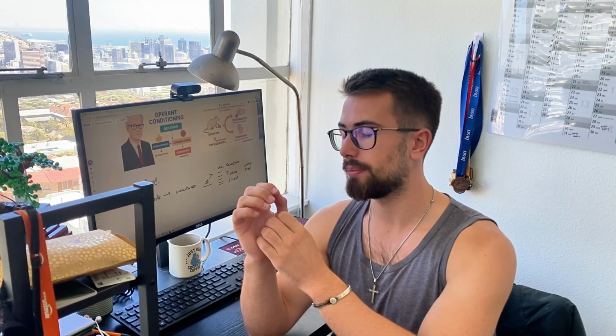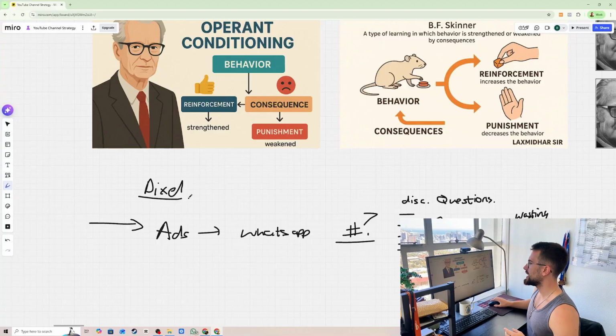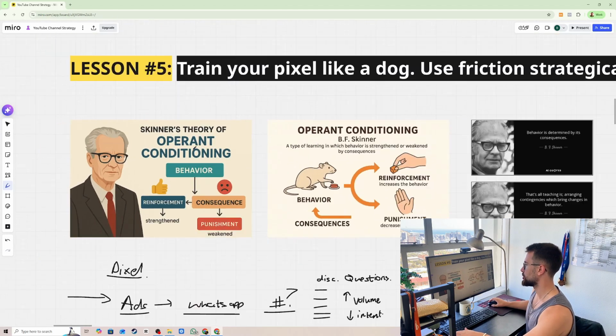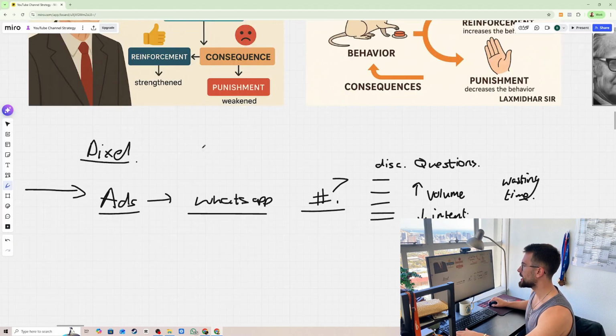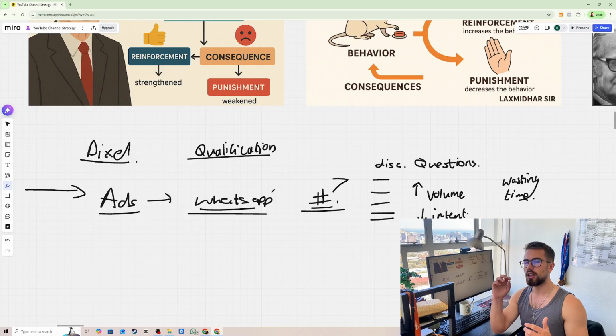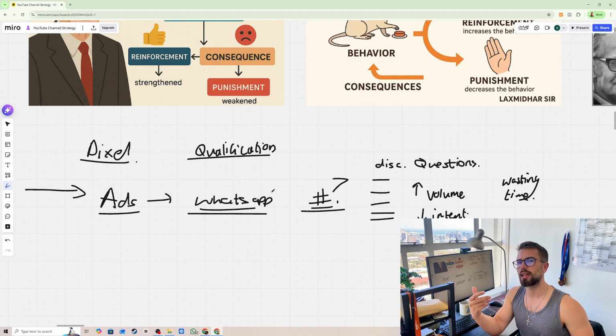That's pretty cool, right? But the problem is that if you are not having any friction, or any qualification in your process, and you're just letting people pour in with their number or their name or their email, that buying profile is not going to get trained properly. Because what you're telling the Pixel is, hey, I just want volume.